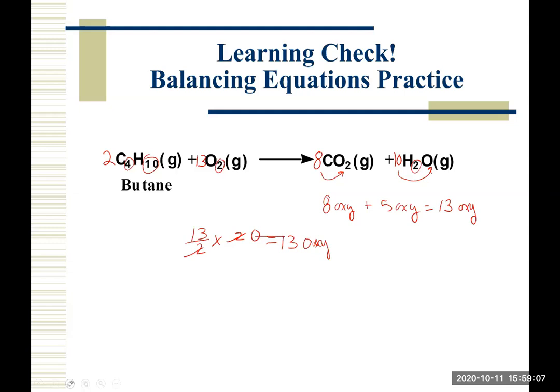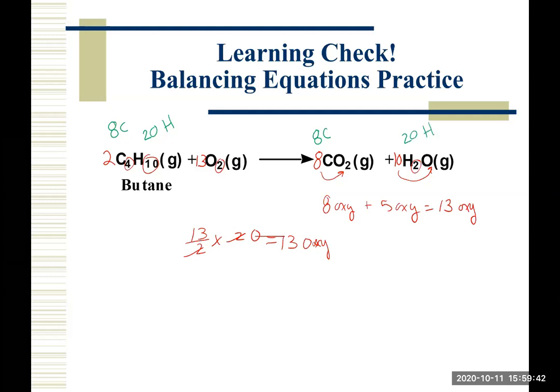And let's just go back through and verify what we have. So we have 2 times 4 gives us 8 carbons on the left. And over here on the right, we also have 8 carbons. For the hydrogens, we have 2 times 10, which gives us 20 hydrogens on the left. And if we look over here on the right, we have 10 times 2, which also gives us 20 hydrogens on the right.